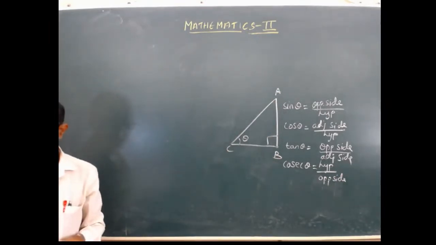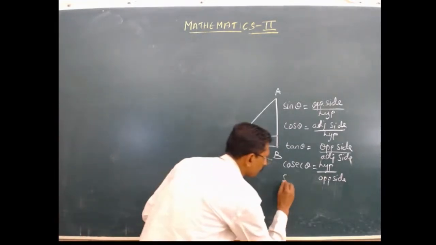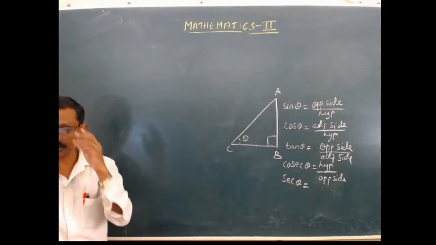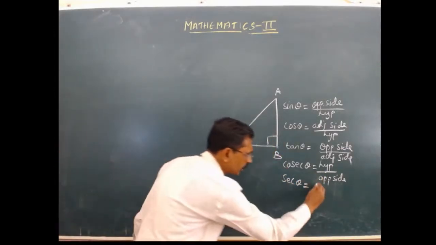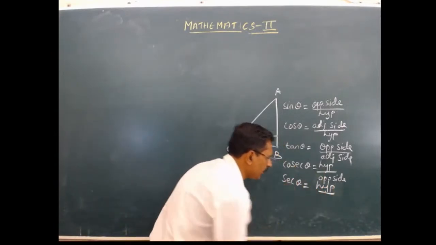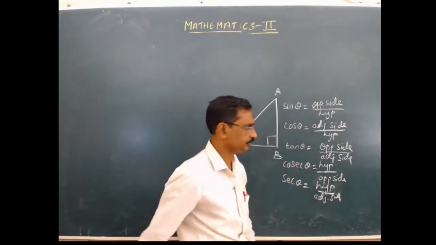What is remaining with us is sec theta. What will be sec theta? Sec theta will be hypotenuse upon the adjacent side. Here, see cosec and sec: here we have the opposite side, here we will write the adjacent side.